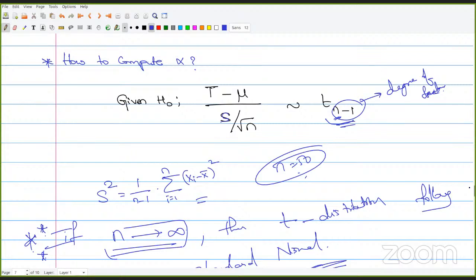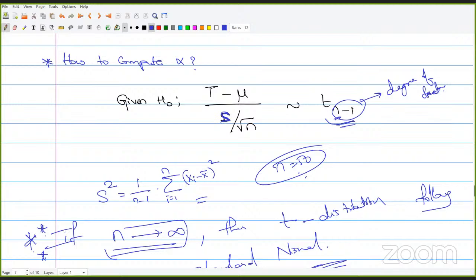But I can compute the sample variance, and there will be some error between the sample variance and the distribution variance. Considering that error, we will compute the probabilities. That is why this S is there here.